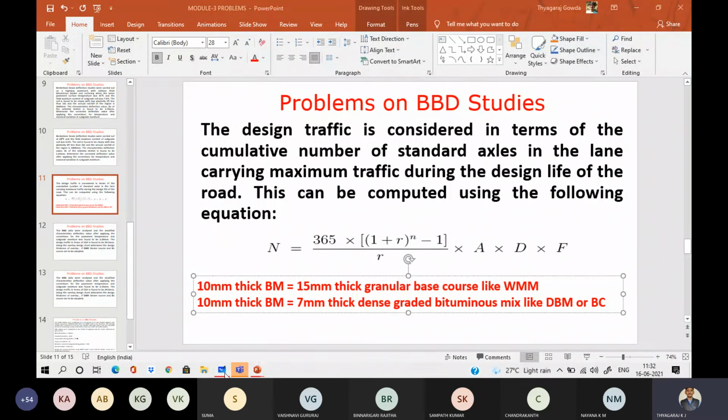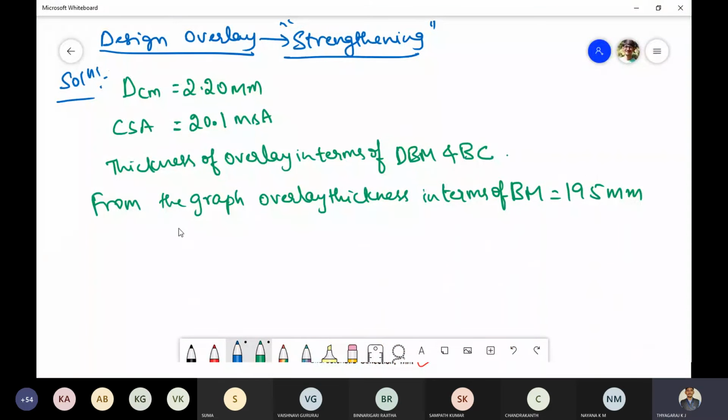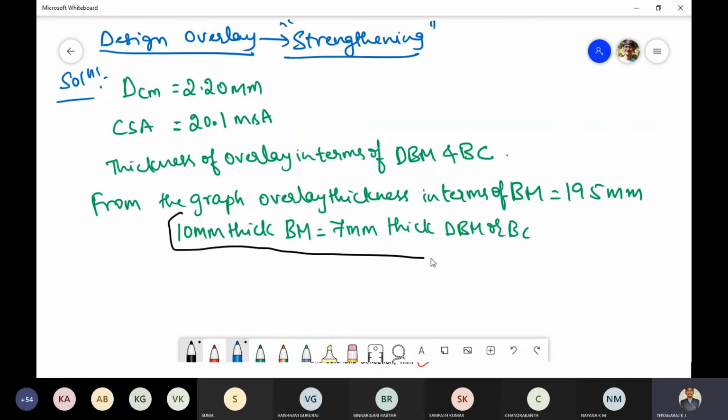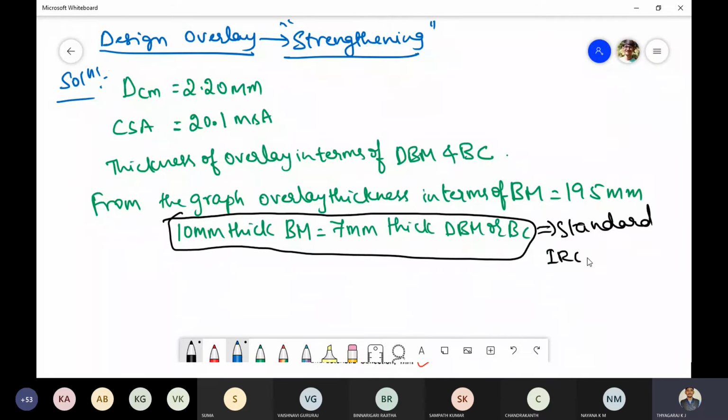So here we have got 195 mm, right? So 10 mm thick BM is equal to 7 mm thick DBM or BC. Is it clear? Understood, sir. This is the standard provided by IRC 81 1997.